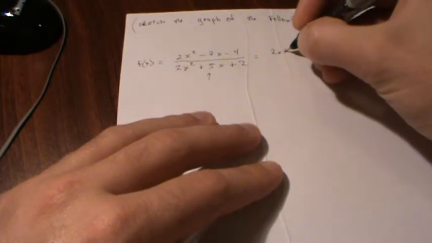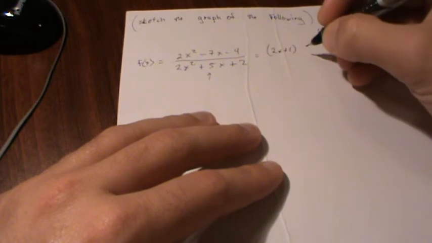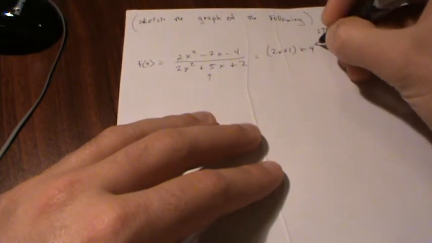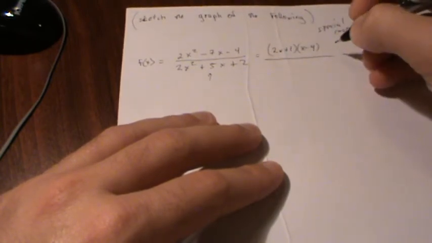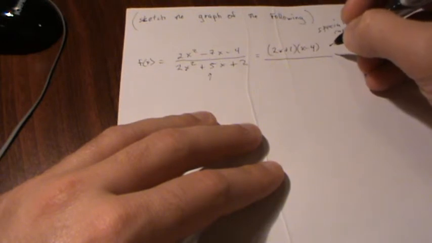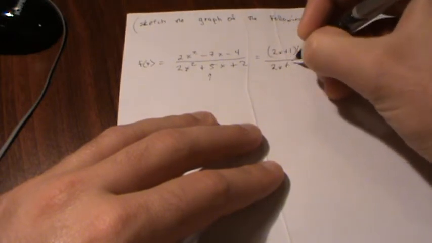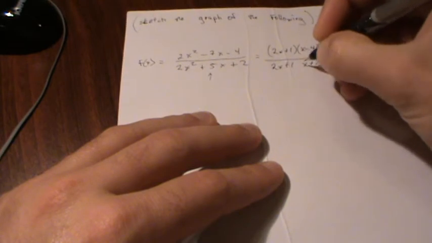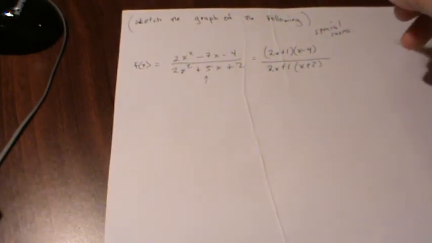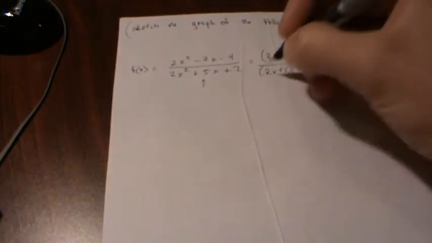So it's 2x plus 1, x minus 4, over 2x plus 1, and x plus 2. That would be the factorization.